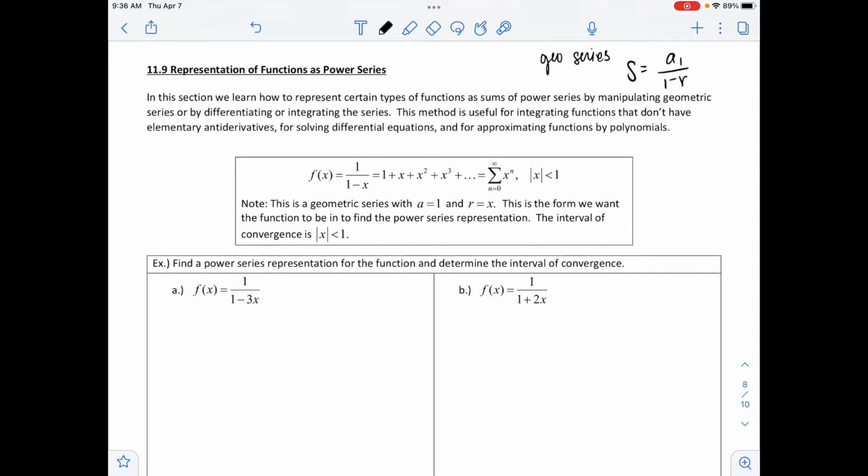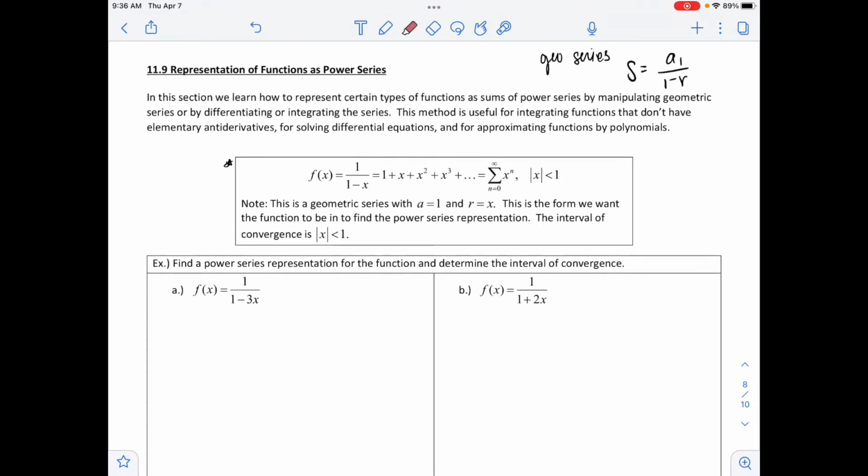And so if you notice down below in the box, if you were to go from a1, which is 1, and go from term to term, we are multiplying by an x each time. And so hopefully you can see that that is how we arrive at the f of x equals 1 over 1 minus x formula that we have.